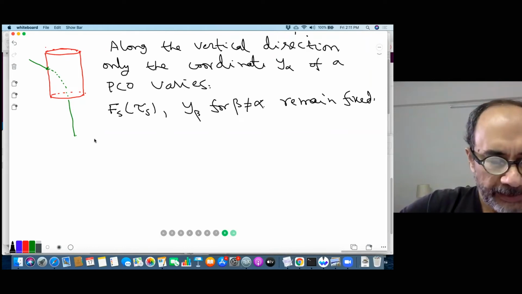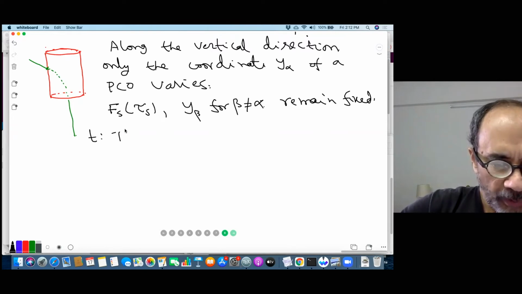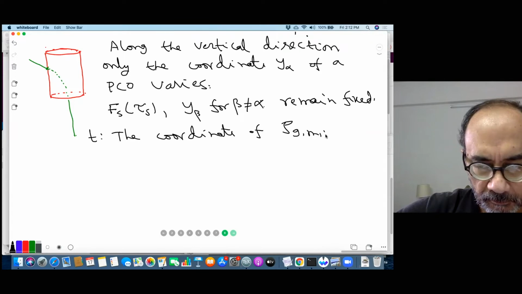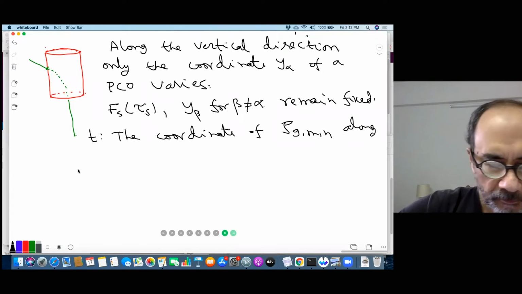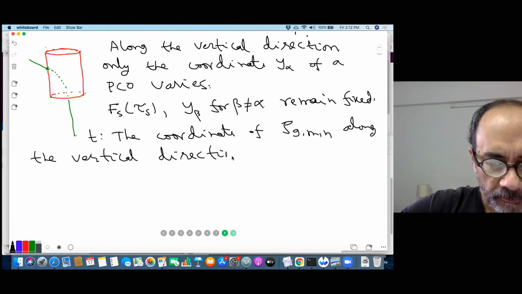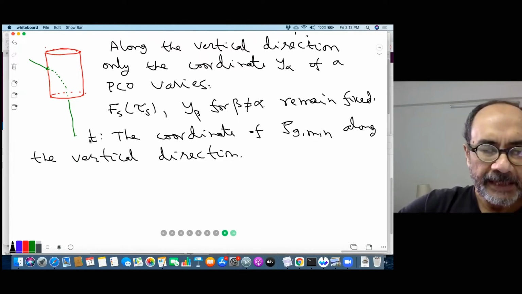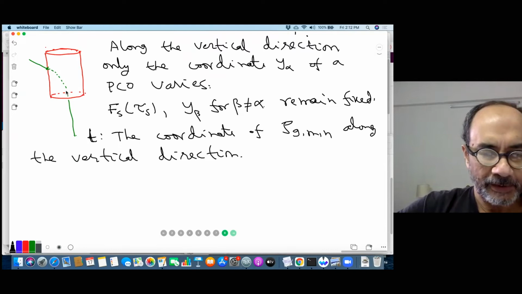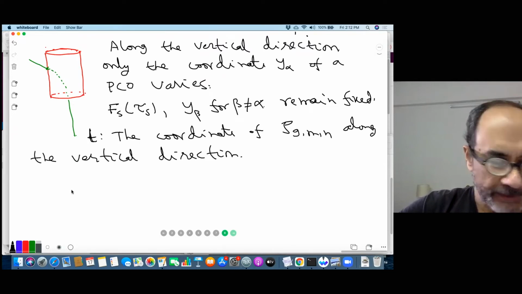Okay, so let's denote by t the coordinate along the vertical direction. And the idea is that we are going to do the t integration first, the vertical direction, and then we will integrate over the rest, this circle, which is the orthogonal direction of the cylinder.